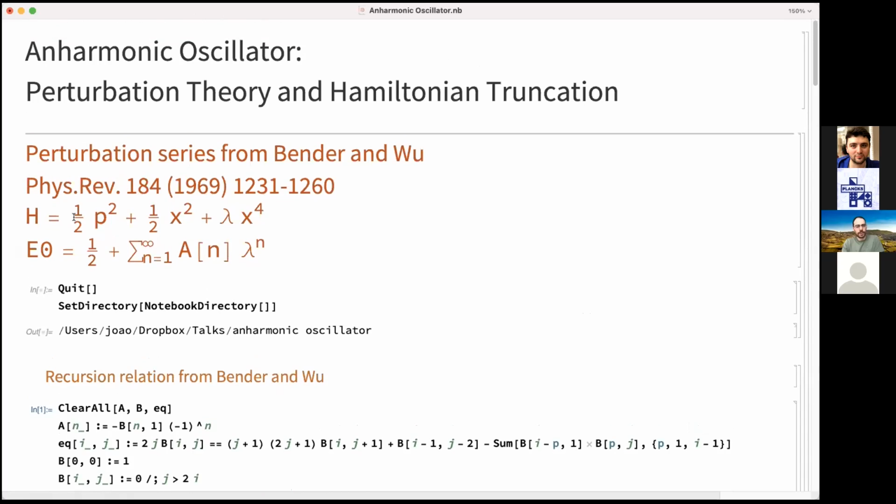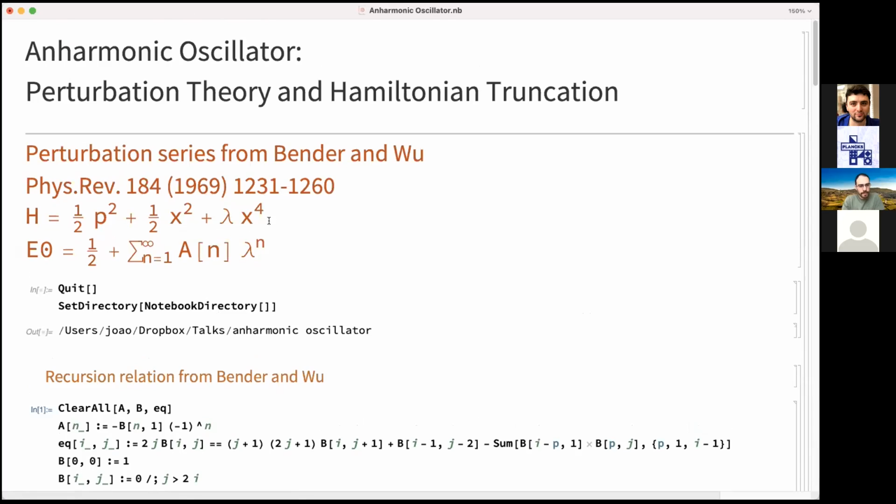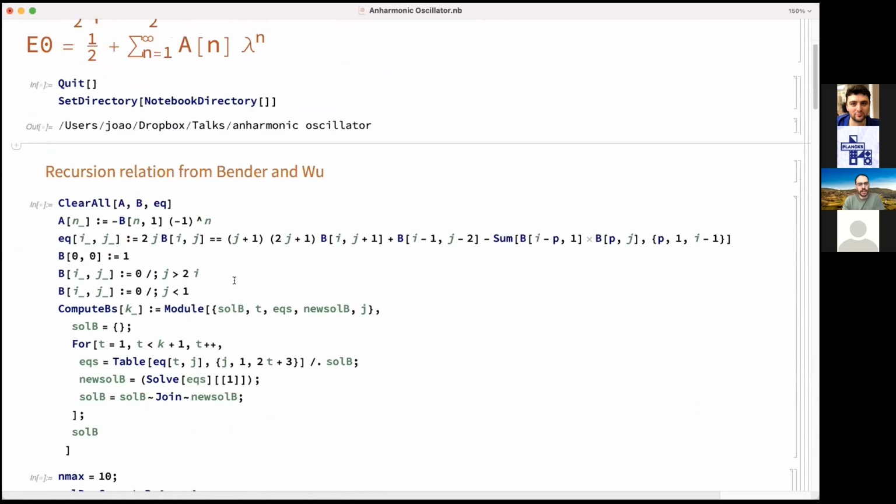So let's see how this works. As I explained, I want to compute this series. Do you see my cursor also? Yes. Perfect. Bender and Wu came up with a recursion relation, which I just implemented here. These lines of code implement this recursion relation.